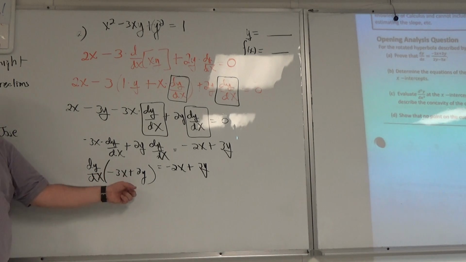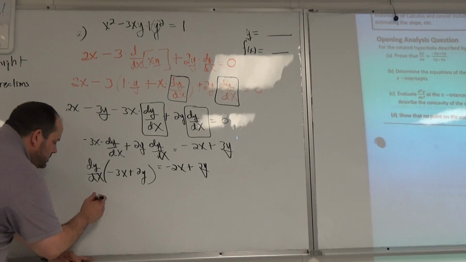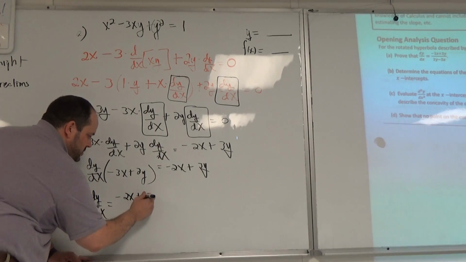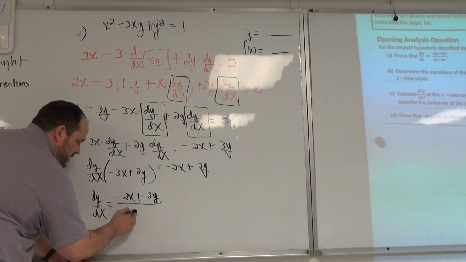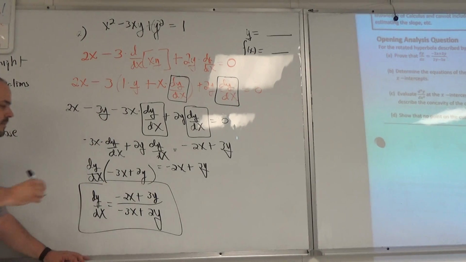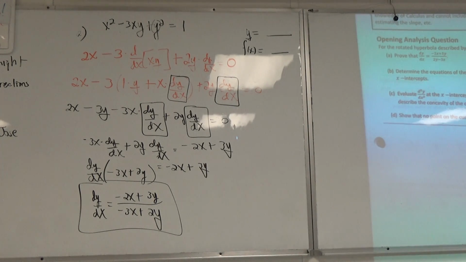Now is when I'm going to do the dividing. So dy dx is equal to negative 2x plus 3y over negative 3x plus 2y. For the folks that were just doing this on their own, how many guys came up with this as your derivative? 1, 2, 3, 4.